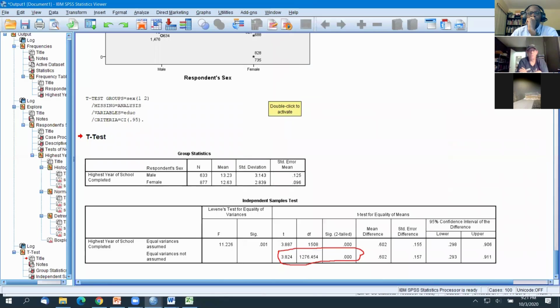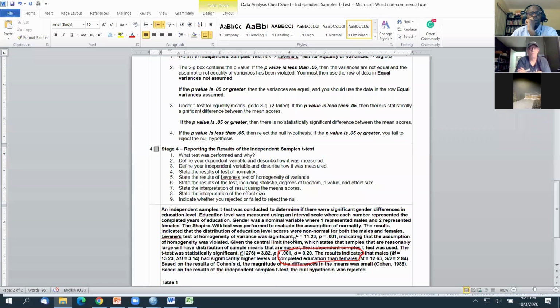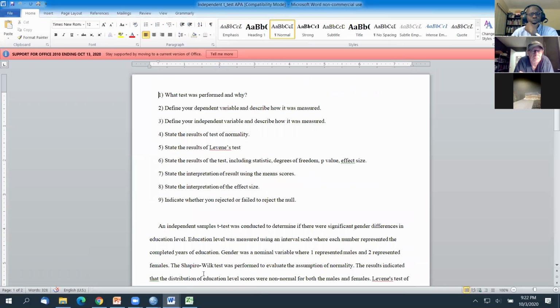So let's go back and talk about, all right. So we say, what test was performed and why? An independent samples t-test was conducted to determine if there were significant gender differences in education level. Okay, so that's number one, right?